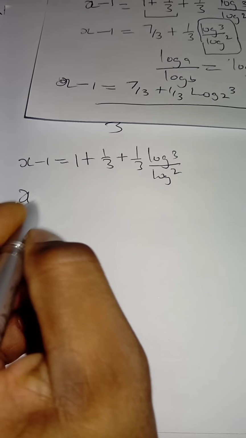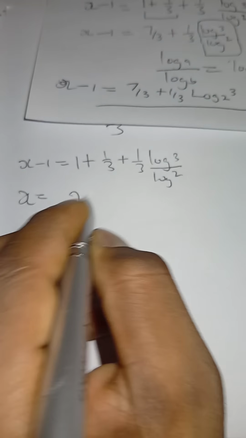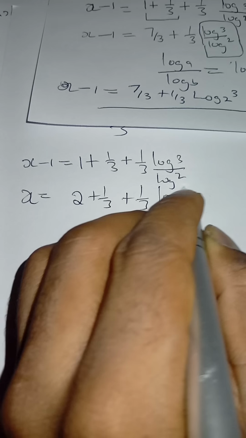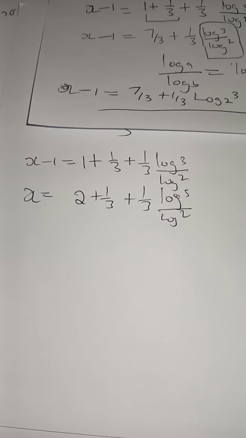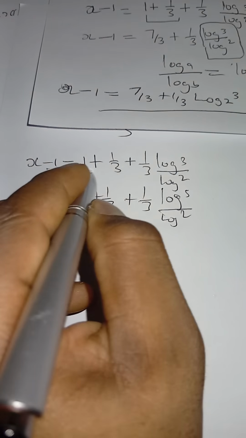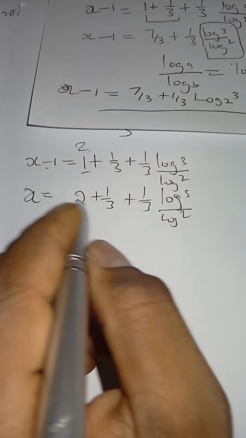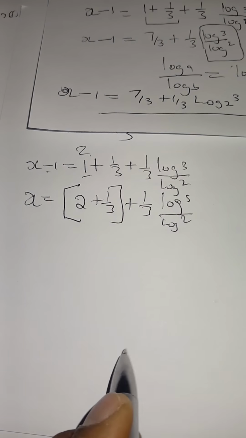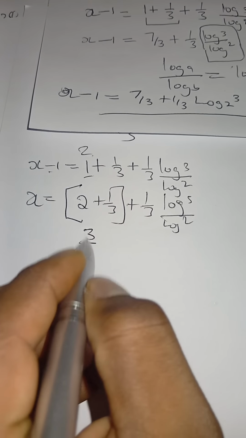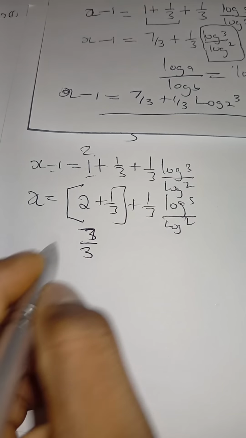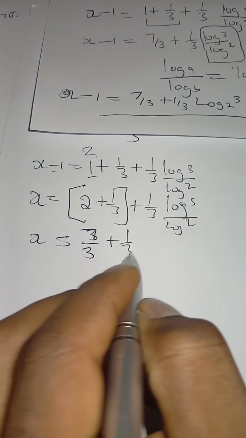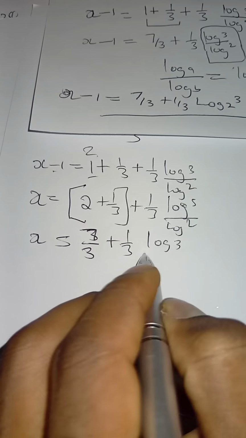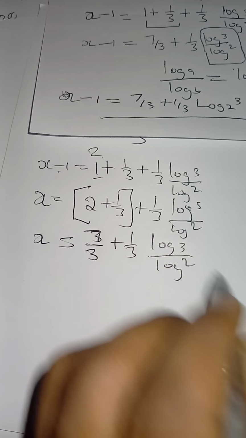All right, now x is equal to 2 plus 1 over 3 plus 1 over 3 log 3 over log 2. This gives us 7 over 3, and then plus 1 over 3 log 3 over log 2.